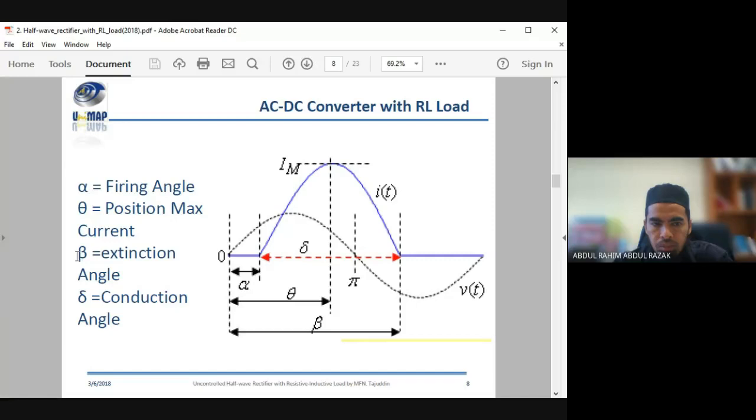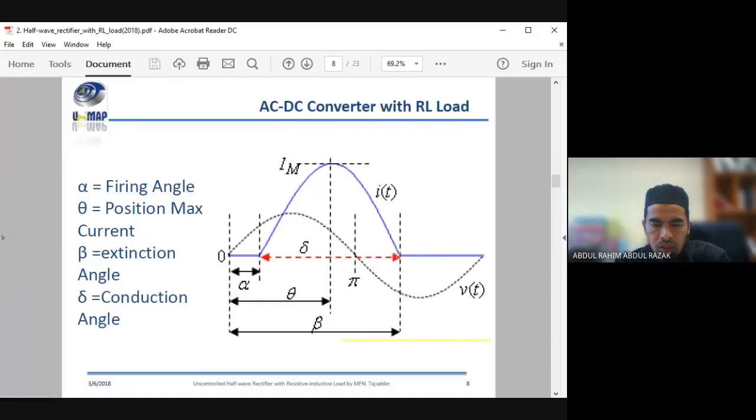Meanwhile, your beta here, where the current returns to 0, is the so-called extinction angle, whereby the current is extinct. And the amount from where the current rises up to where the current turns to 0 is the so-called conduction angle.